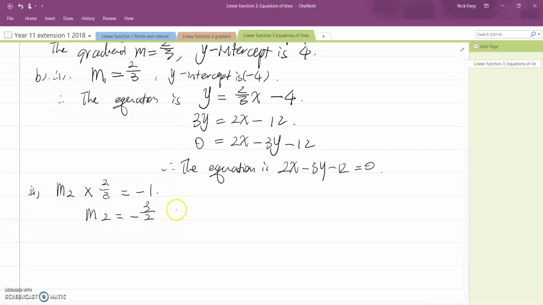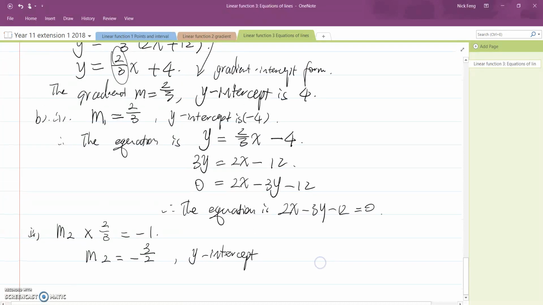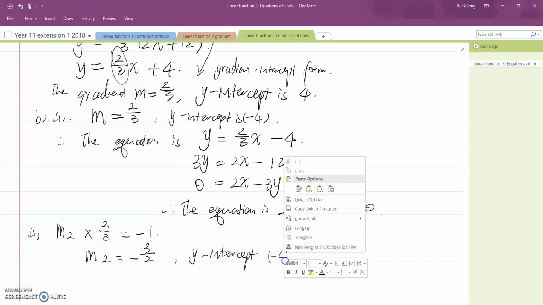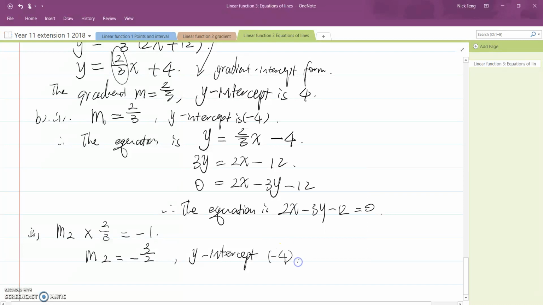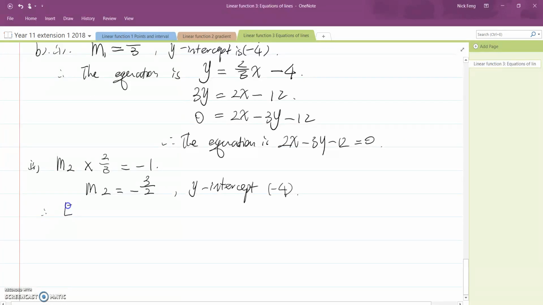So now we have the y-intercept. Again, it's given by (0, -4), which is -4. So the equation is y equals -3/2 x minus 4. Again, we need to put this into general form.